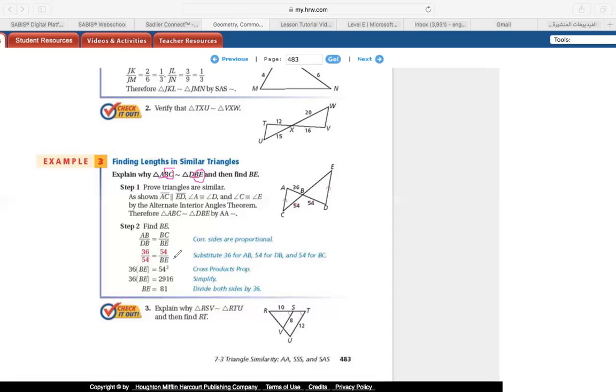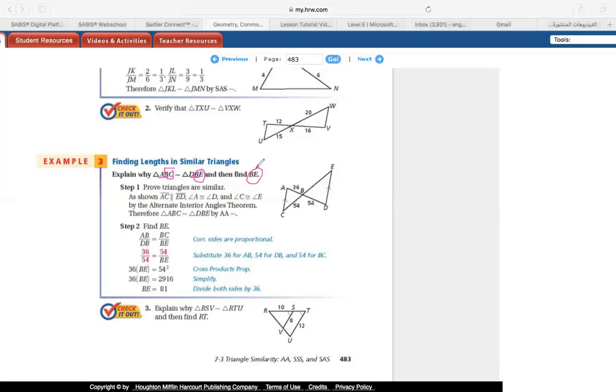So, girls, now how do I get the length? I have many lengths. I'm going to choose corresponding sides because they are proportional. So AB over DB is equal to BC over BE. And I'm going to choose corresponding sides that include the side whose length I want.